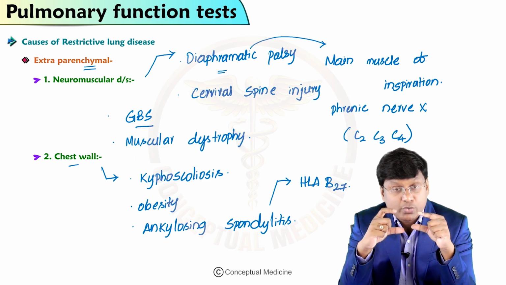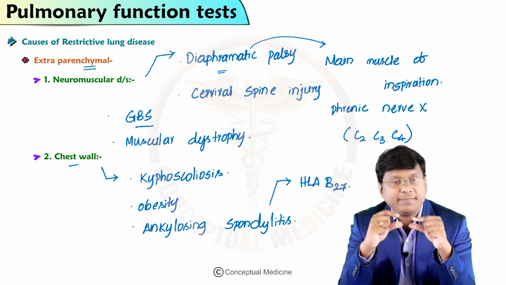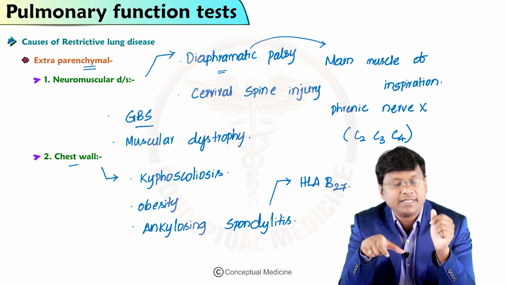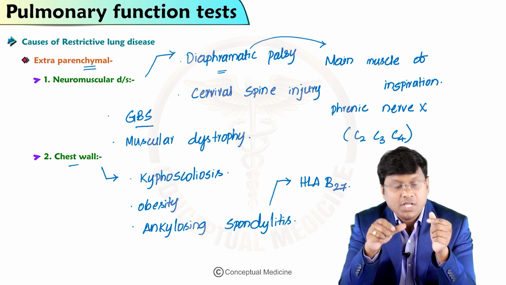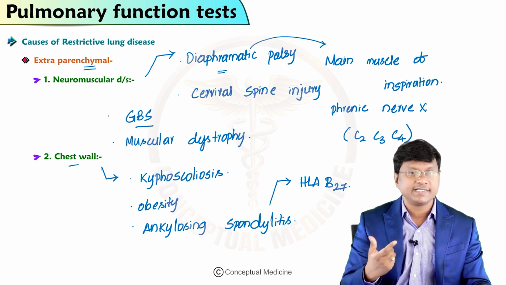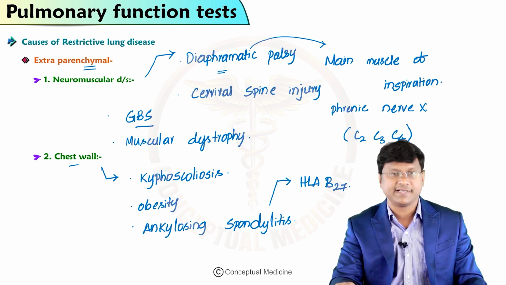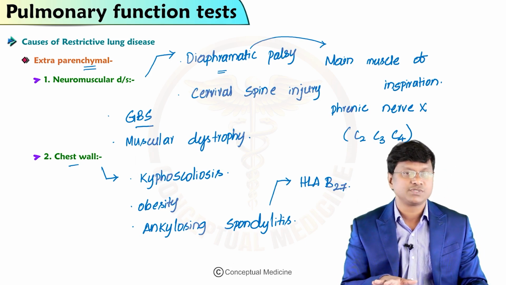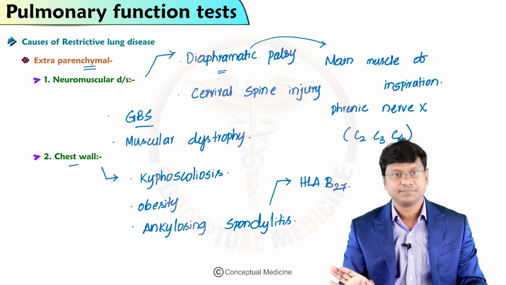There will be squaring and fusion of the vertebra. So because of the squaring and fusion of the vertebra, you have the bamboo spine. That bamboo spine will not allow the lung to expand. And not only that, in patients with ankylosing spondylitis, there will be fibrosis of the lung parenchyma as well. So these are your extra parenchymal causes for restrictive lung diseases.